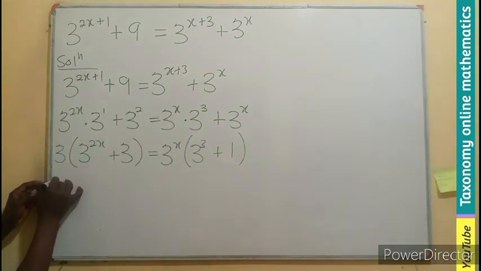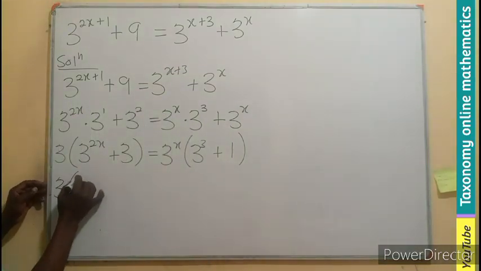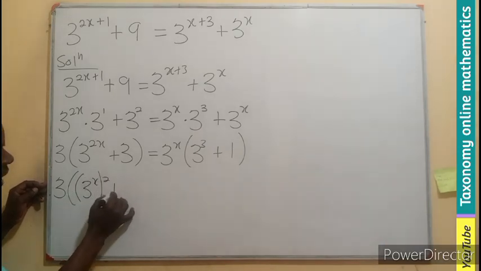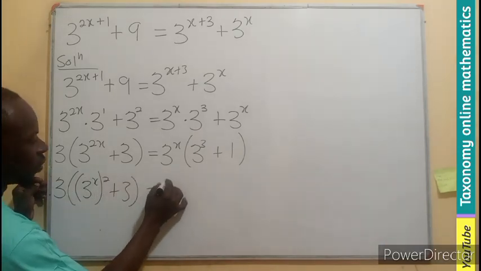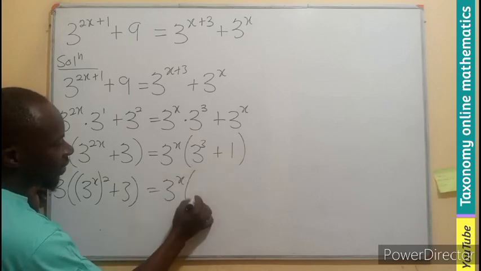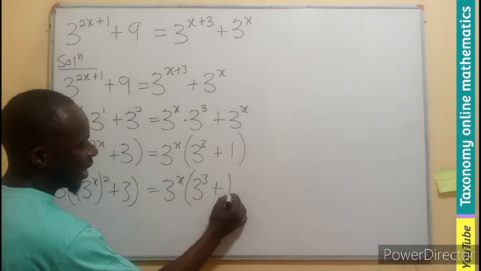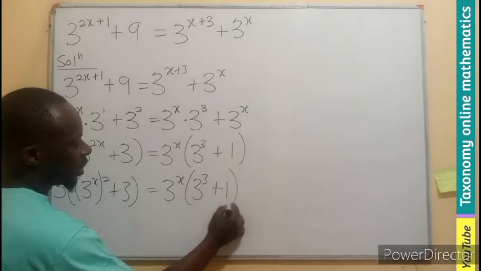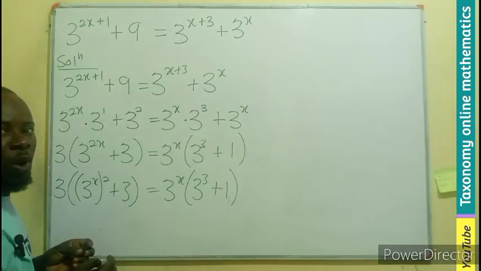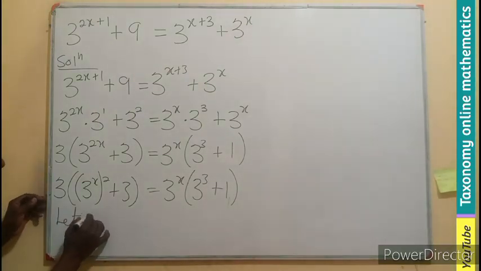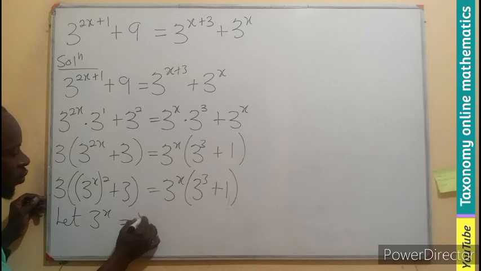So now I rewrite this as 3 into bracket 3 exponent x all squared, plus 3, equals 3 exponent x, 3 exponent 3 plus 1. I think I can get the answer for this. This will be 27 plus 1, that will be 28. So in this case, let's just say our 3 exponent x equals y.